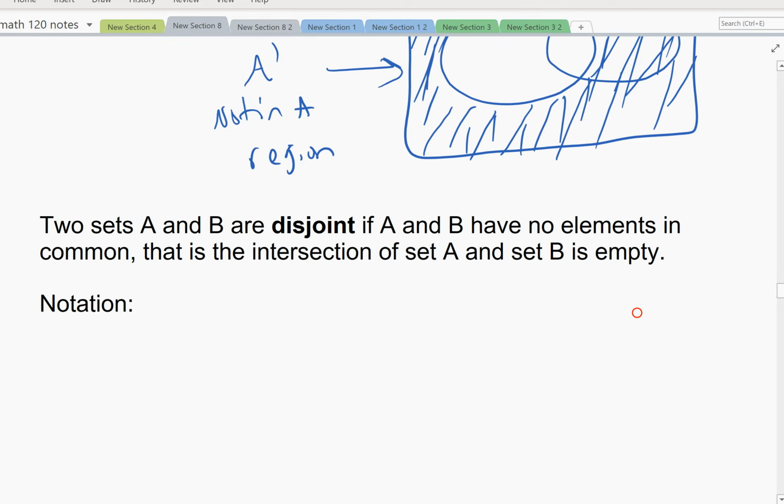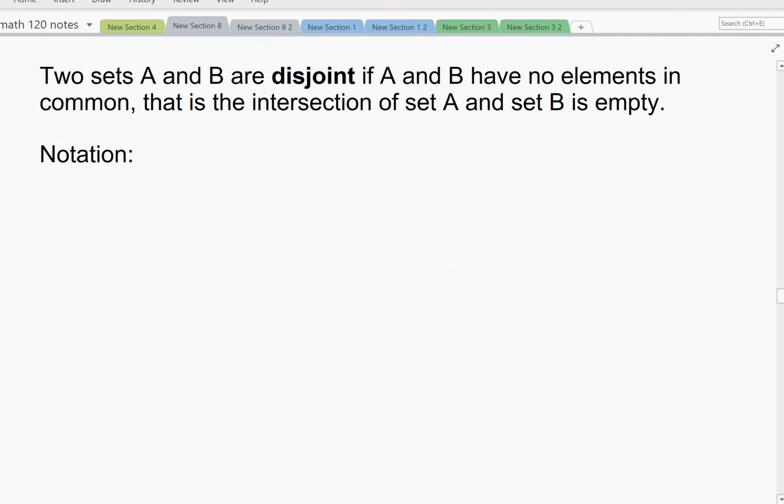Alright, disjoint sets. We like disjoint sets. We'll talk about some rules later on when we have disjoint sets. There's some nice rules. So we like this when they tell us something's disjoint. So since we're going to have applications with disjoint sets, we should know what that means. Alright, so set A and set B are considered disjoint if set A and set B have no elements in common.